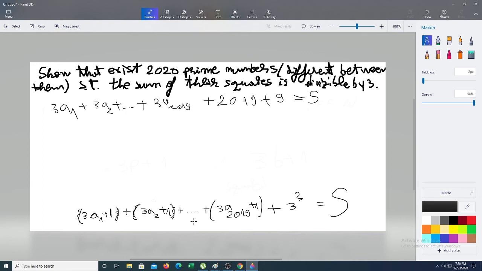So we have here 2019 squared prime numbers and the other squared prime number, 3 to the second power.